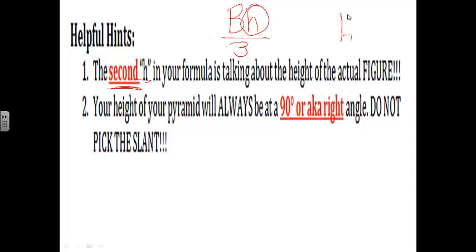So our right angle is always going to be in the middle of our figure, because you got to have that right angle. Okay, so your height is connected by the right angle, got to remember that, of the entire figure. So it's got to meet at the top of the vertex. Okay, so the height of your pyramid will always be, remember in class, a right angle. Do not pick a slanted side, ever.